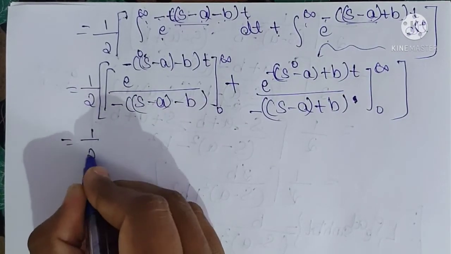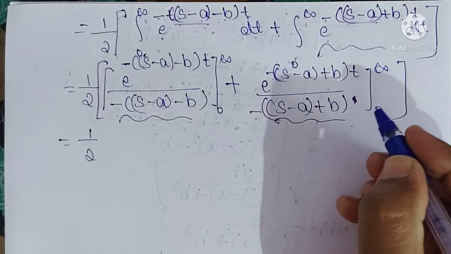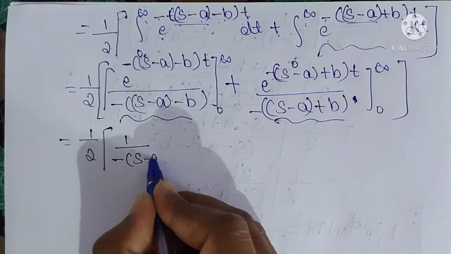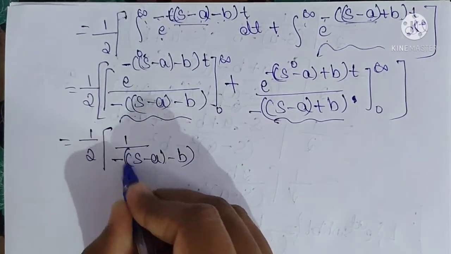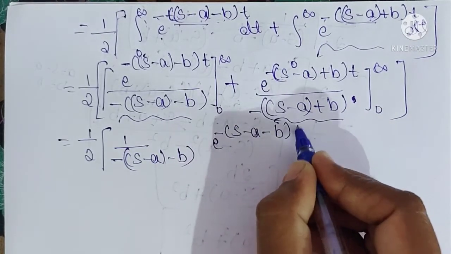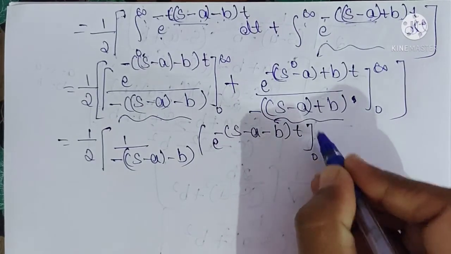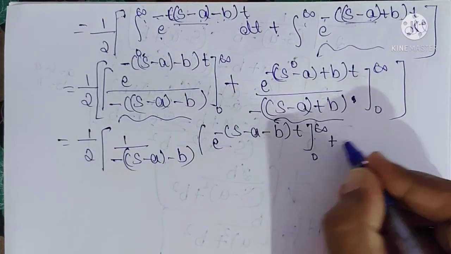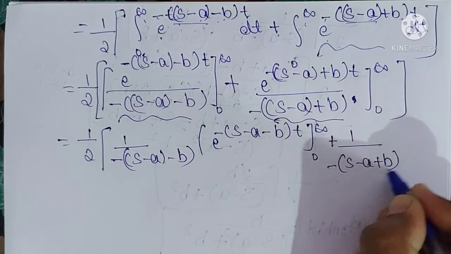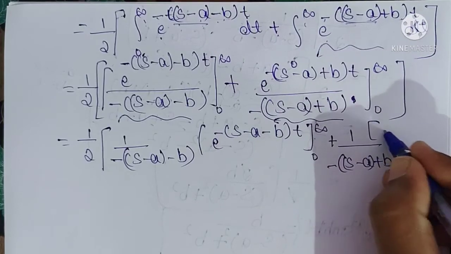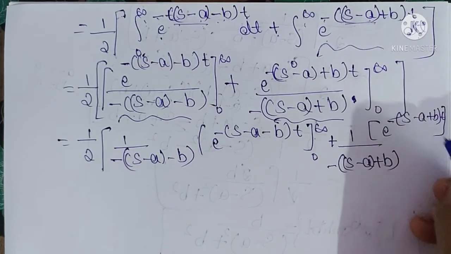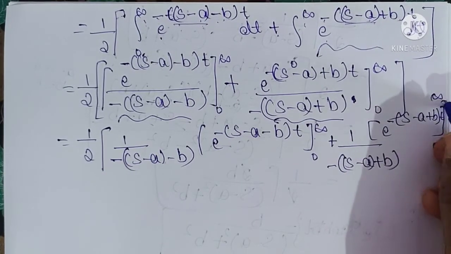Now 1/2 as it is; these terms are constants, so you take them out, remaining 1 divided by -(s-a-b) times e^(-(s-a-b)t), limits 0 to infinity, plus 1 divided by -(s-a+b) times e^(-(s-a+b)t), limits 0 to infinity.